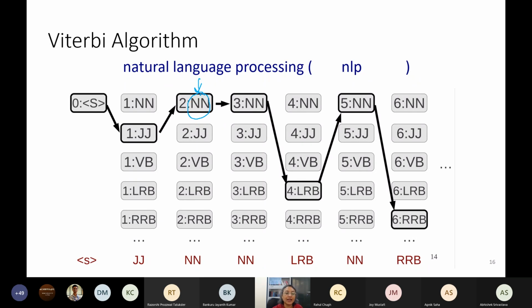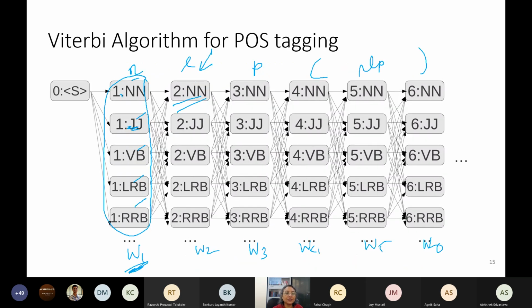For each of these, we look at the joint probability with the current tag being noun, with the current tag being adjective, and so on.